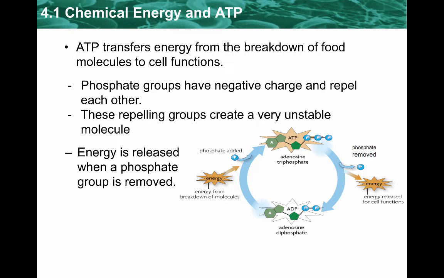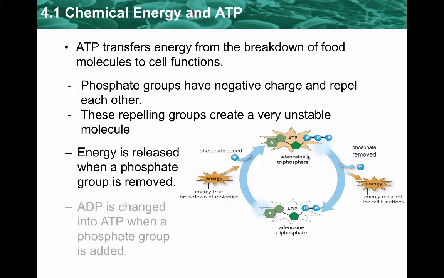So when ATP is used to fuel some cellular job, the way the energy is removed from this molecule is by breaking off this 3rd phosphate group. When you break this bond and remove that phosphate, energy gets released. And so when that phosphate group comes off and energy is released for some cellular work, it leaves us with a molecule called ADP, which is basically ATP minus that phosphate group.